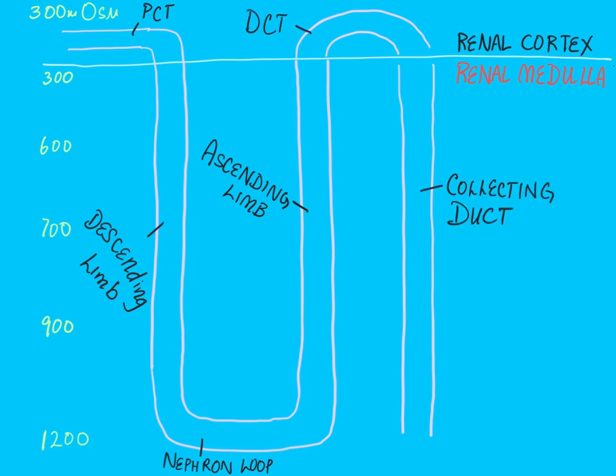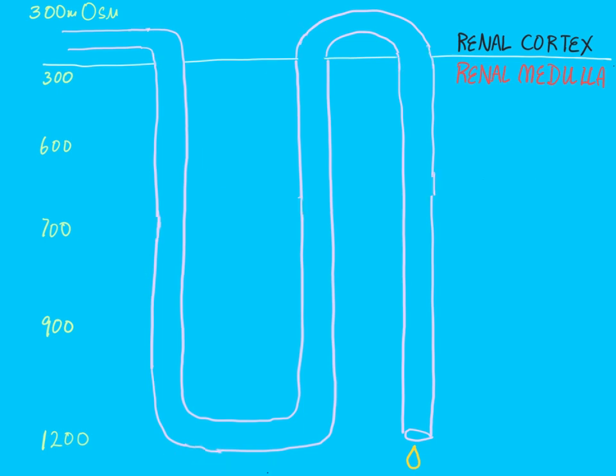The urine comes out of the collecting duct, and this urine will be either diluted or concentrated depending upon the situation. In order to understand water conservation, we need to apply 3 rules. Rule number 1 is that the osmolarity of the renal medulla increases as we go deeper.